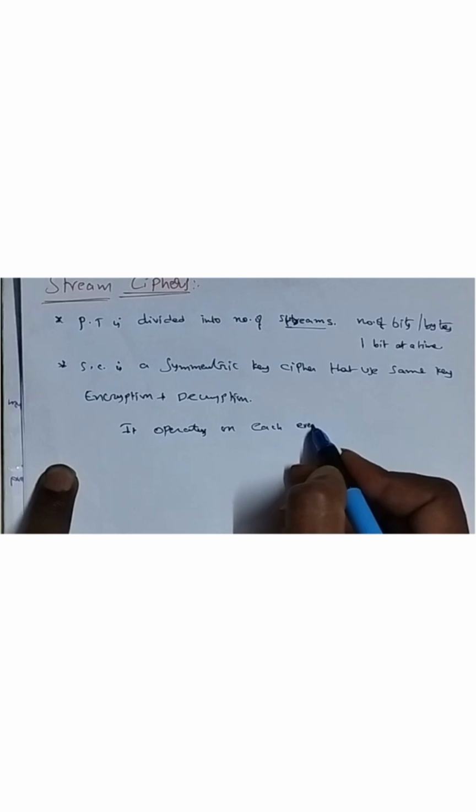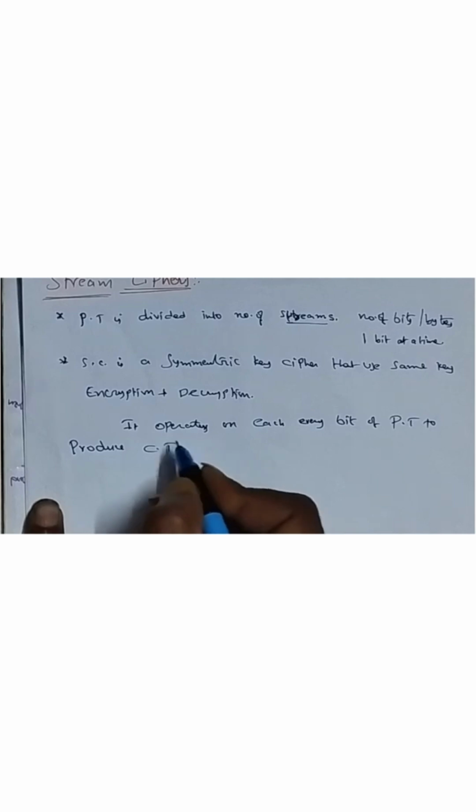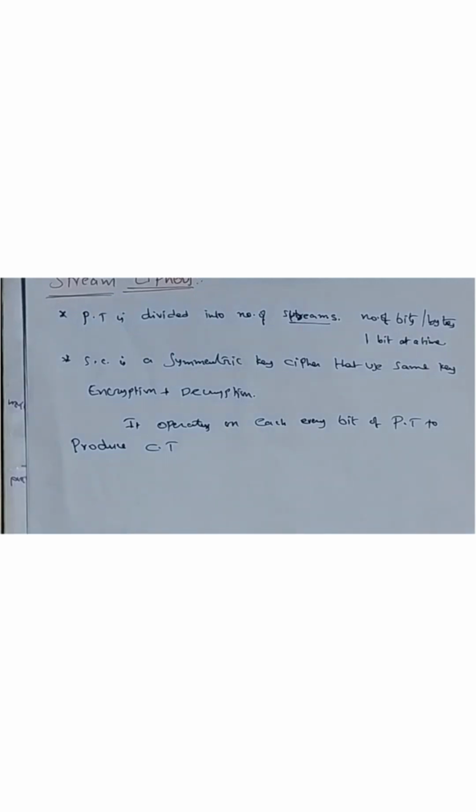But a stream cipher operates on each and every bit of plain text to produce ciphertext. It means each and every bit will be converted from plain text to ciphertext.